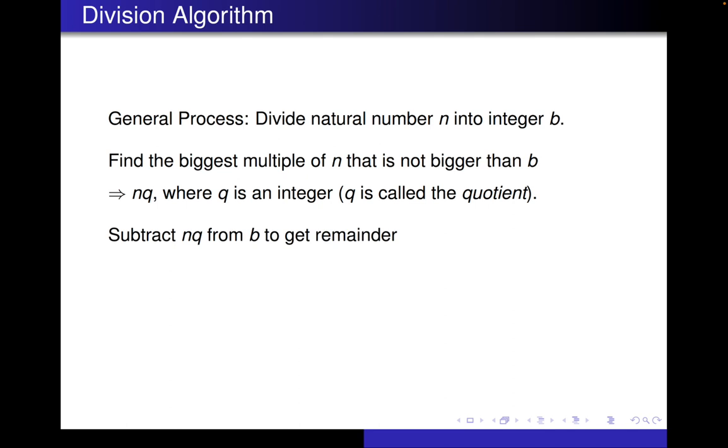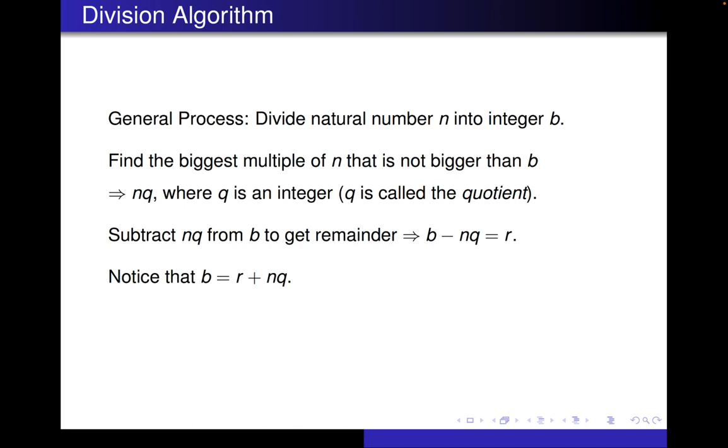Then if we want to find the remainder, we're just going to take that n times q and subtract it from b, so b minus nq gives us our remainder, r. So r is the remainder, q is the quotient in that equation. And one way we can look at that equation, which turns out to be convenient from a certain point of view, is to solve for b by adding nq to both sides, so we get b equals r plus nq.